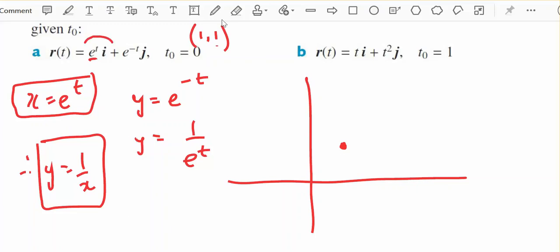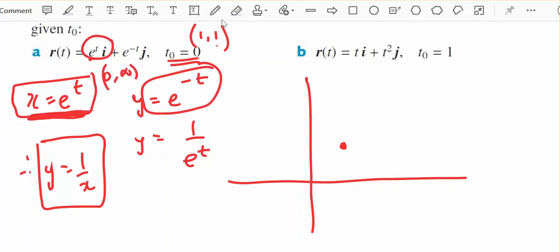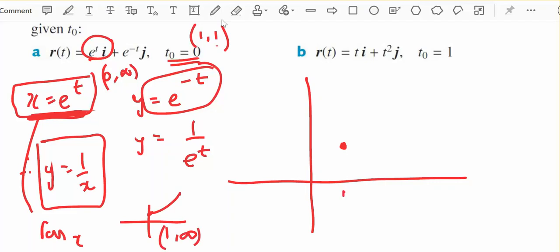I know that the range of x of t is the domain of x. The range of x will be 1 to infinity. Therefore, I'm going to start at 1 and go to infinity. So this should be, it's 1 on x, so it's a hyperbola.